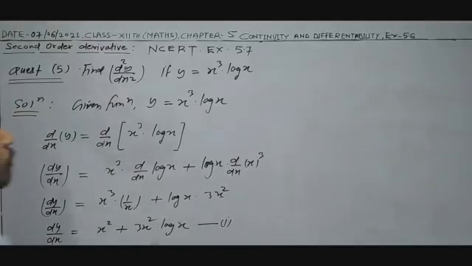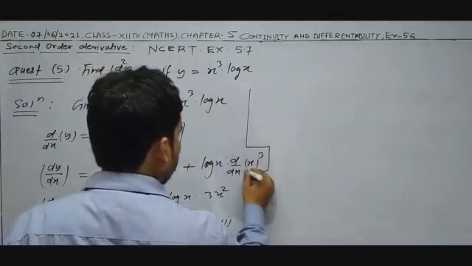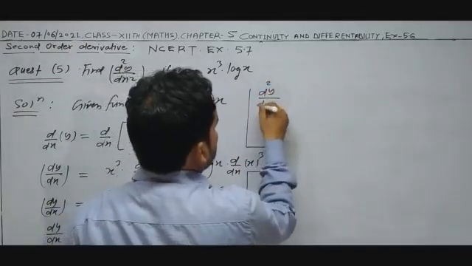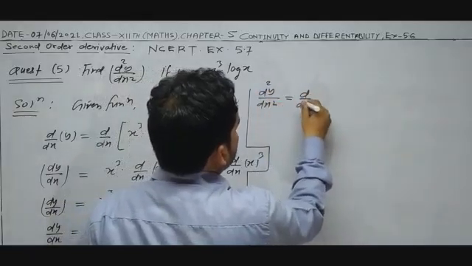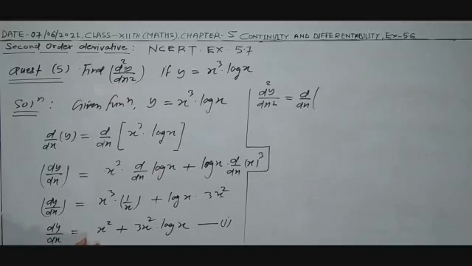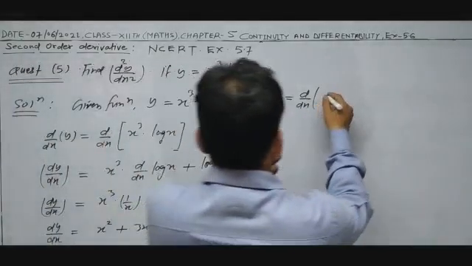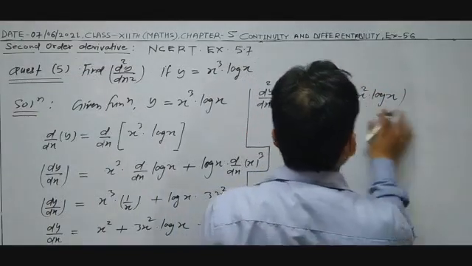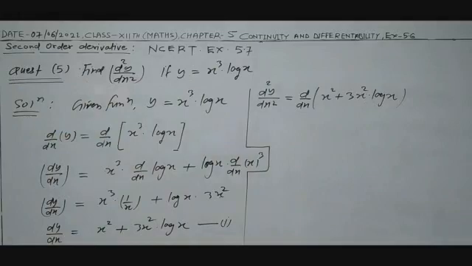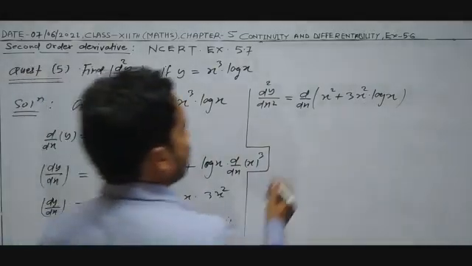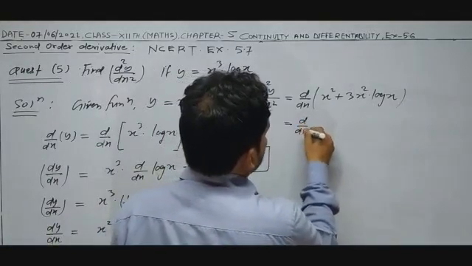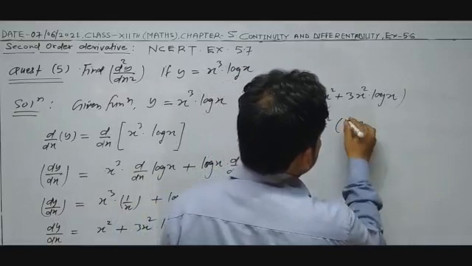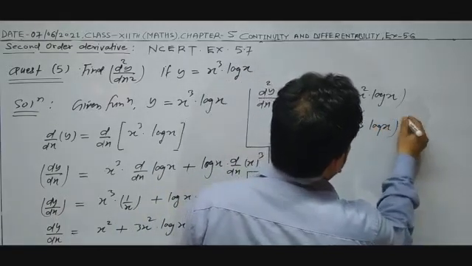So now again differentiate. Operate on dy by dx, meaning the left hand side will be d2y by dx2, and the right side d by dx of x square plus 3 times x square log of x. Now this expression can be written as d by dx of x square in bracket 1 plus 3 times log x.